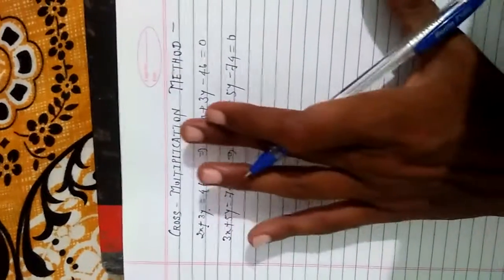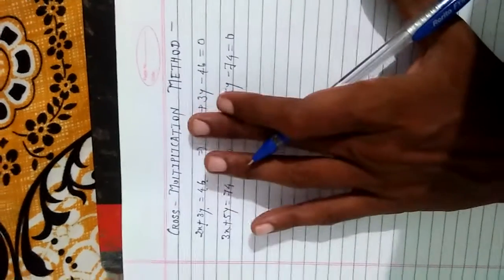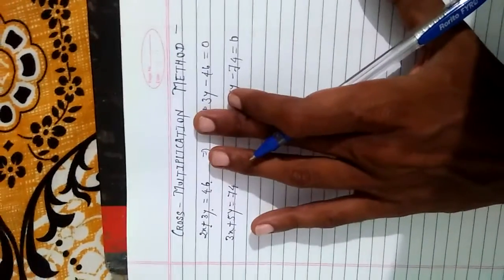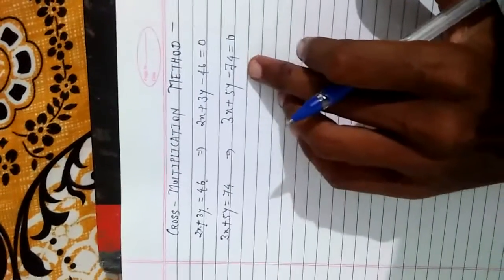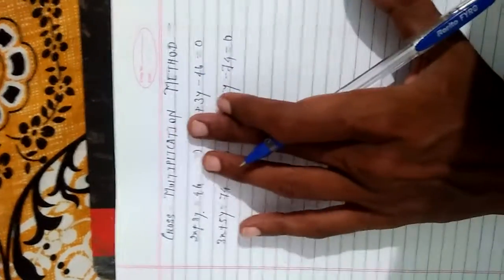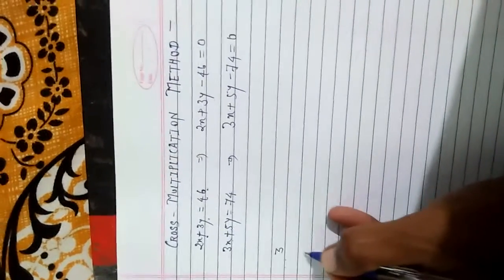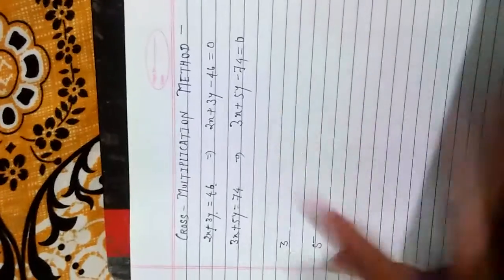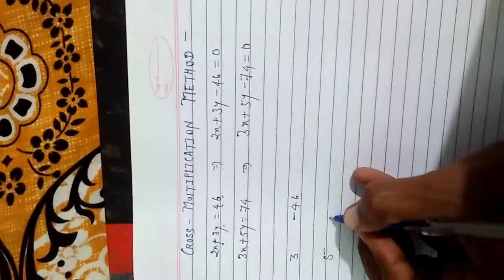First you have to hide the x term. Forget this term and just write the coefficient of y and the constant: 3 and 5, then minus 46 and minus 74.